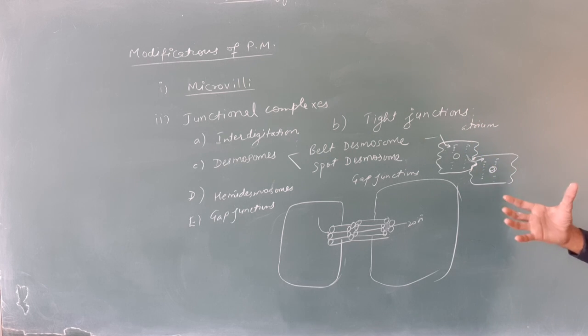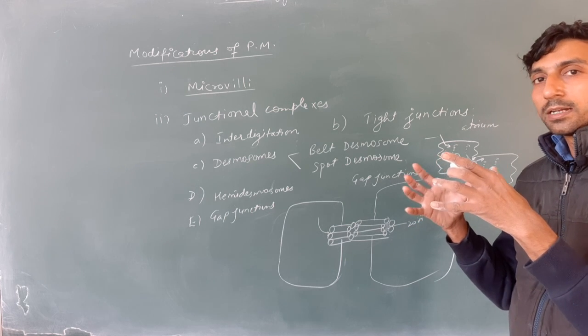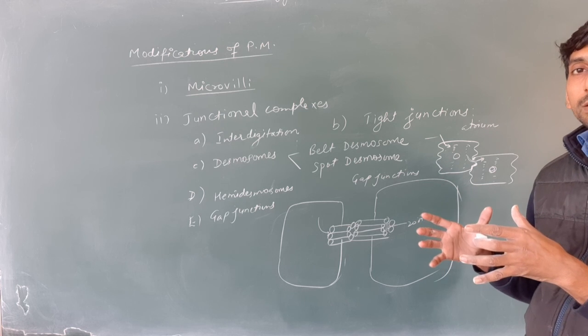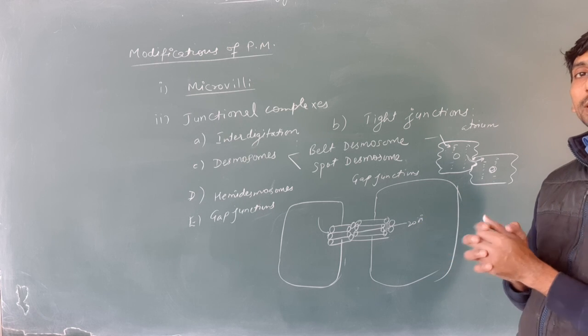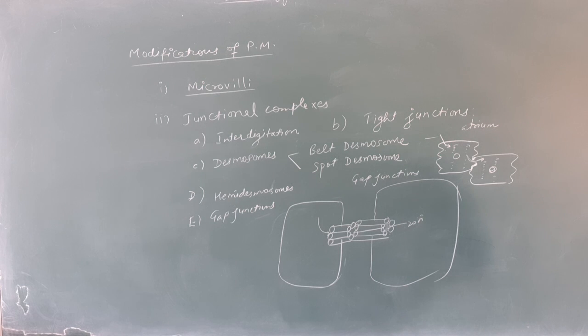So at one time all the atrial muscle fibers contract at once, and at another time all the ventricular muscle fibers contract at once, because they are connected with gap junctions. So these are the modifications of the plasma membrane.